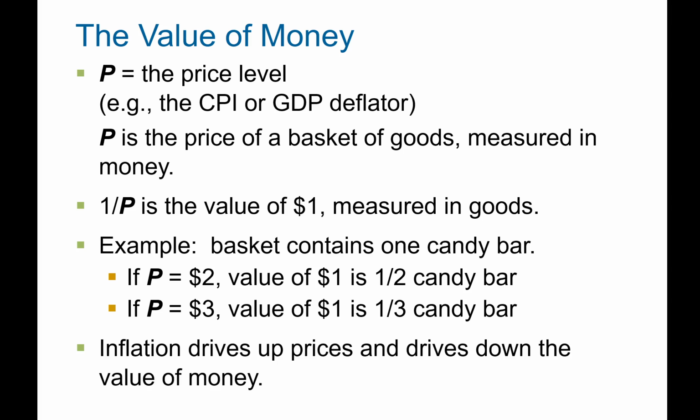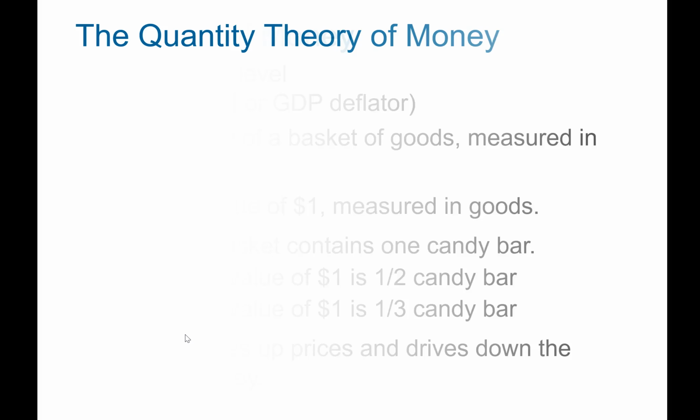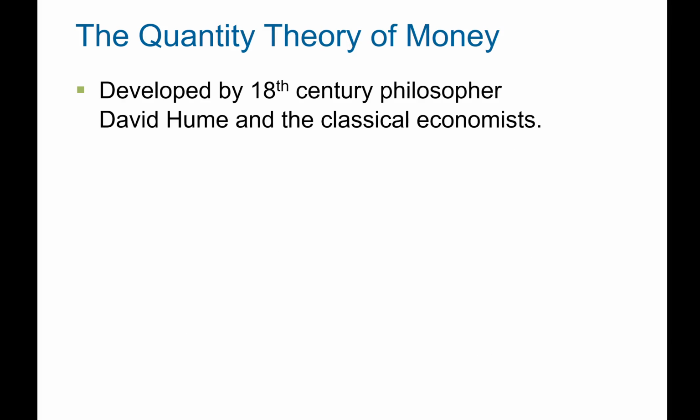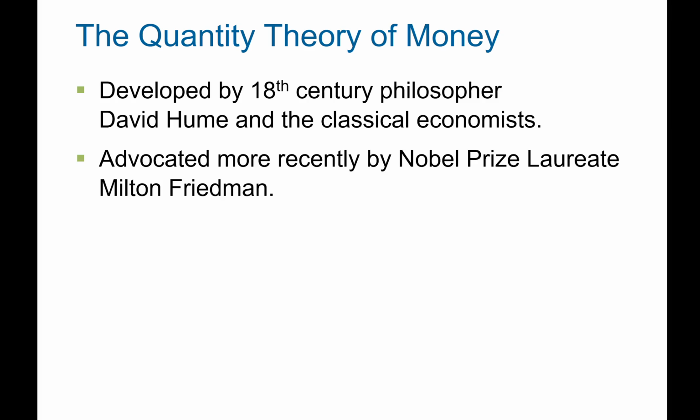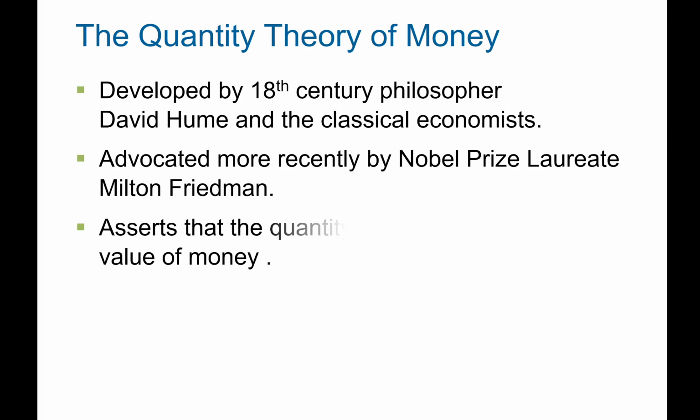So inflation drives up prices, drives that P or that price level up, and inversely drives down the value of money. Each dollar will buy less and less as prices increase. The quantity theory of money was developed in the 18th century by David Hume and classical economists, and more recently we've seen it advocated by people like Milton Friedman, and this is the assertion that the quantity of money in the economy determines the value of money.